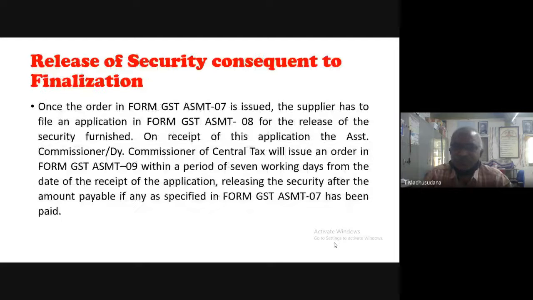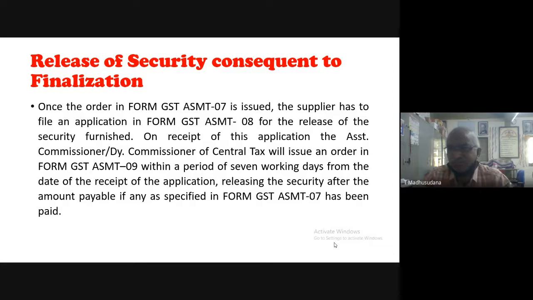Okay, next, release of security consequent to finalization. Once the final tax liability has been paid by the supplier, that is, the difference between the provisional assessment and the final assessment, the security bond executed by the supplier will be released.